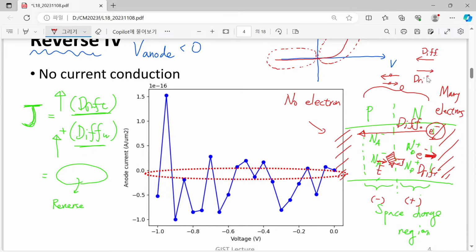In reverse bias we have a relatively larger drift term, and in forward bias we have a relatively larger diffusion flux. That's the reason why we have different behavior of our IV characteristics.